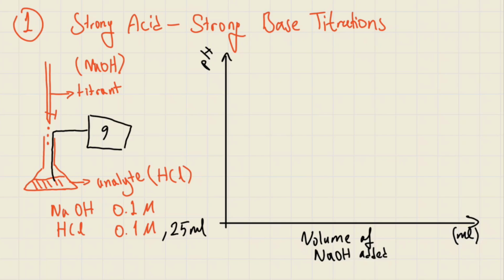So at the beginning we don't have sodium hydroxide, so we are at the 0 point, but also pH is very low. It is 1, which is the pH of the 0.1 molar HCl. When we start to add sodium hydroxide, pH will start to rise, and at some point it starts to rise very sharply.